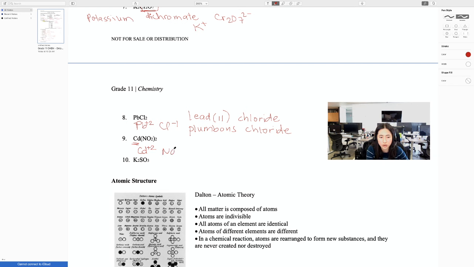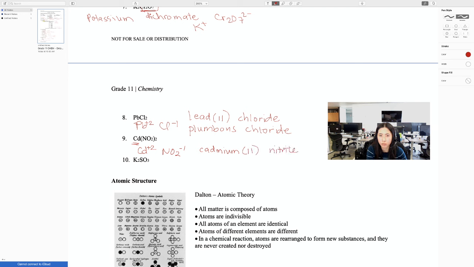And then you have NO2, which is just -1, right? Because as you can see, the subscript of cadmium is actually 1. That means the charge of NO2 would be 1. Okay, so we have cadmium, right? So NO2- is actually nitrite, right? So this is cadmium-2 nitrite.